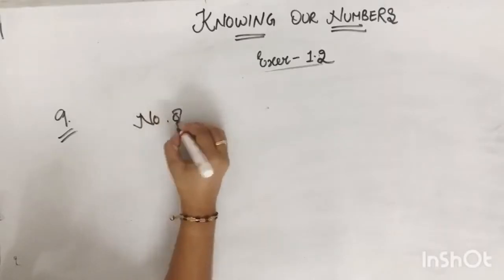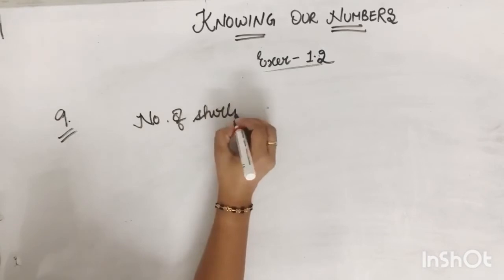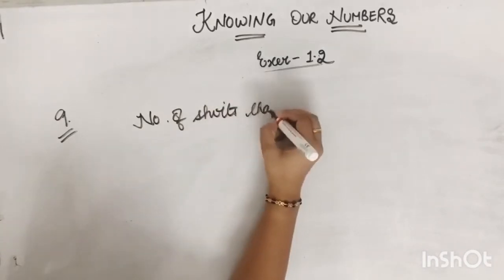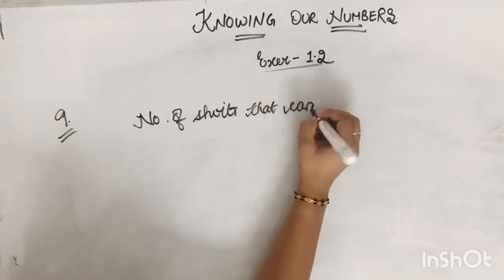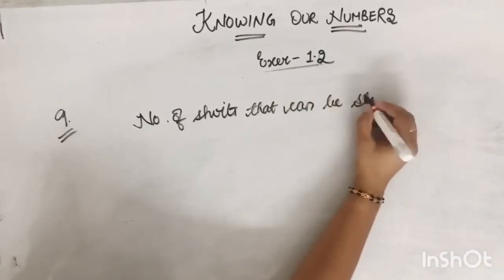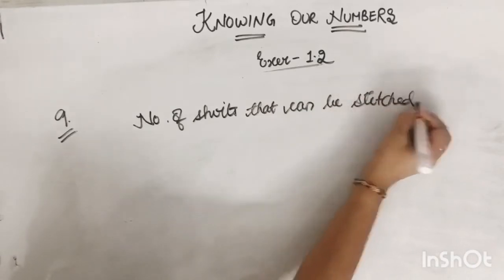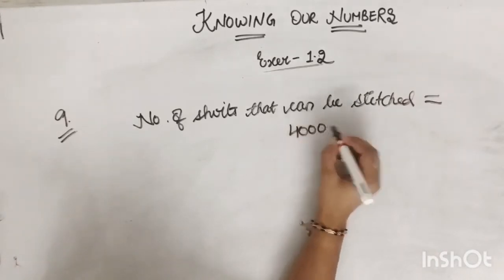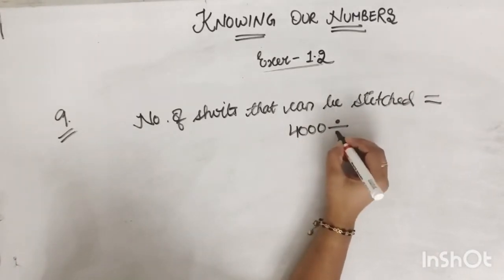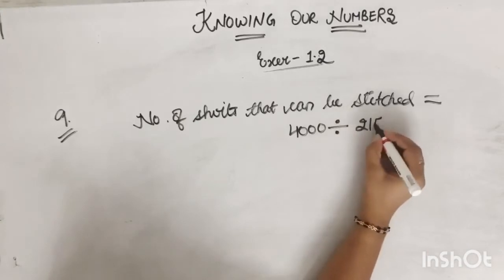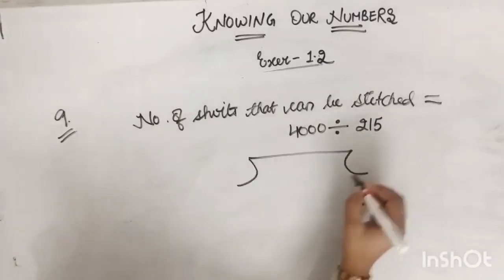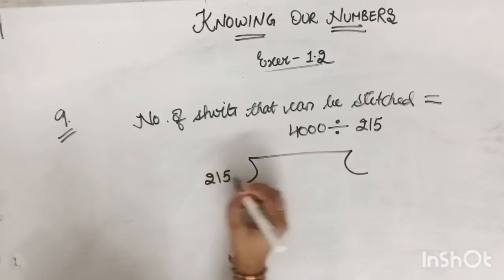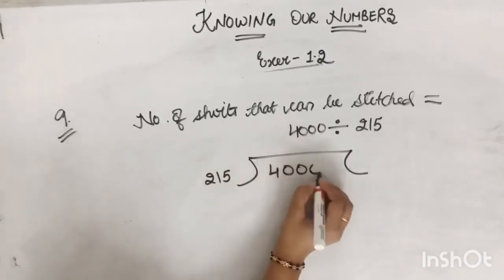Number of shirts that can be stitched is equal to 4000 divided by 215. 215 into 4000.